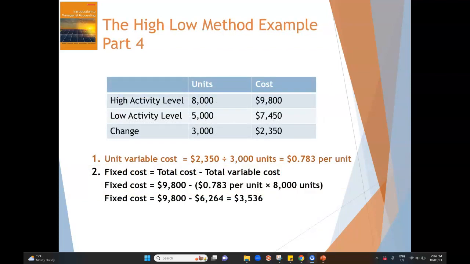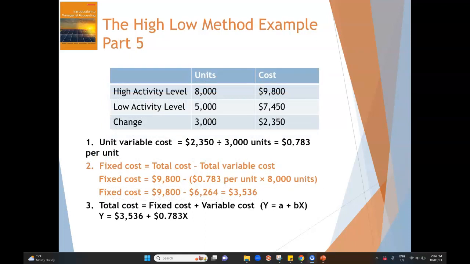The high-low method example, Part 4. 2. Fixed cost equals total cost minus total variable cost. Fixed cost equals 9800 minus 6264 equals 3536.